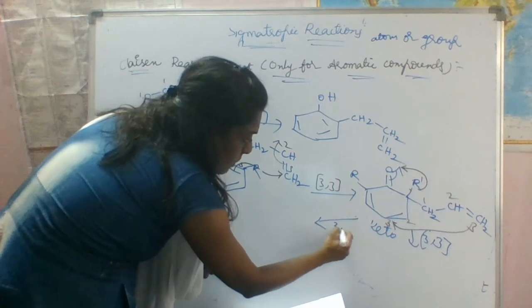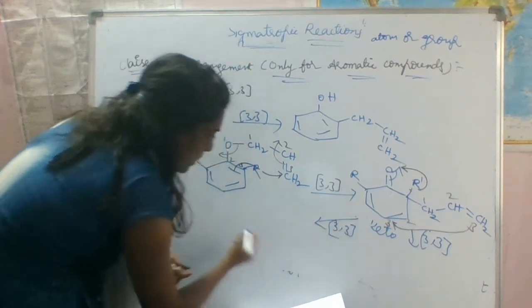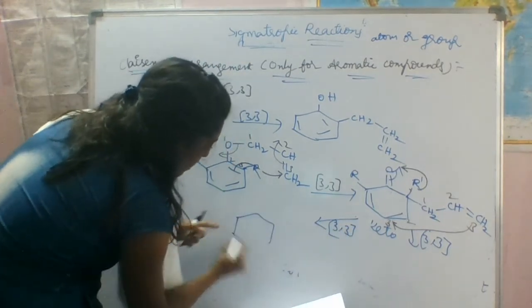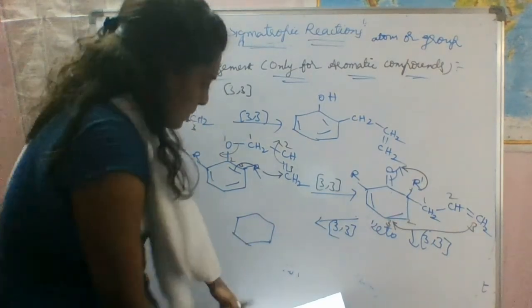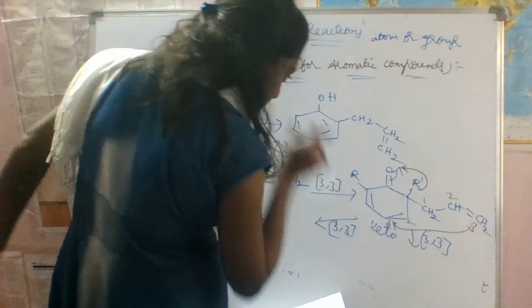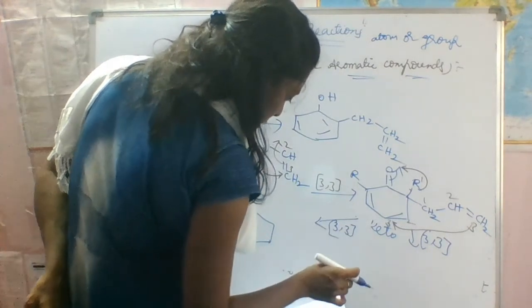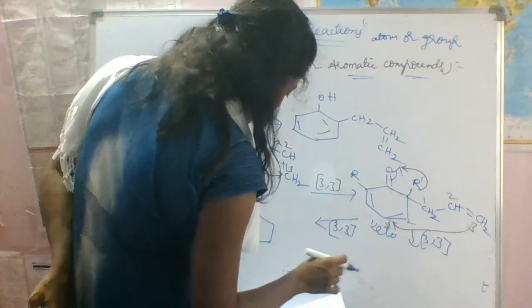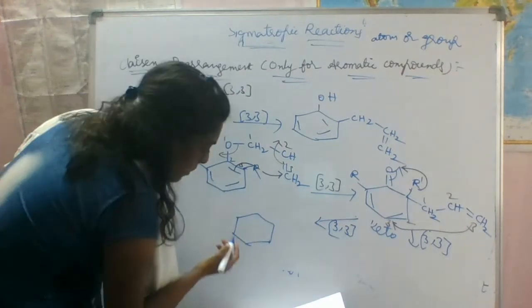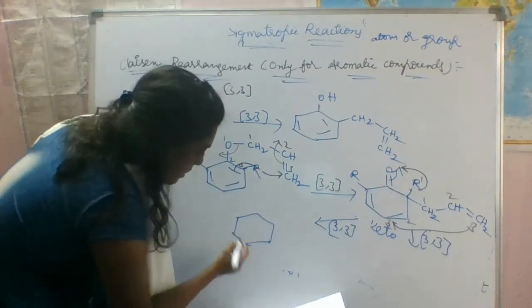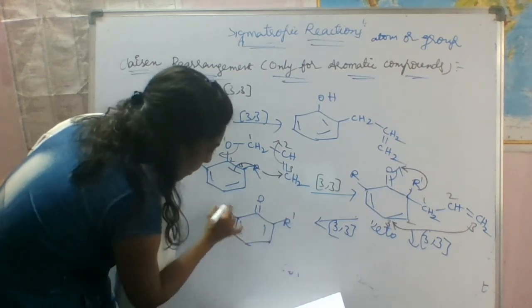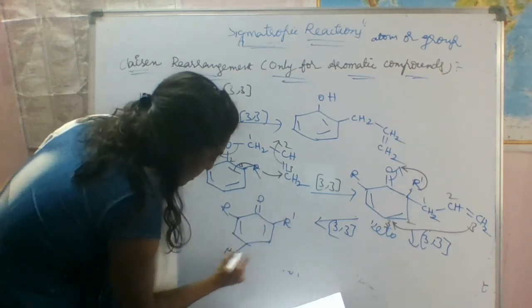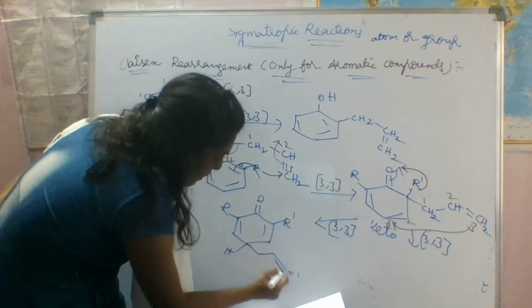Another 3,3 sigmatropic rearrangement, and observe carefully. Okay, so here 3,3 sigmatropic rearrangement. Okay, next we have to write it as double bond O, or R1, or here hydrogen is there.